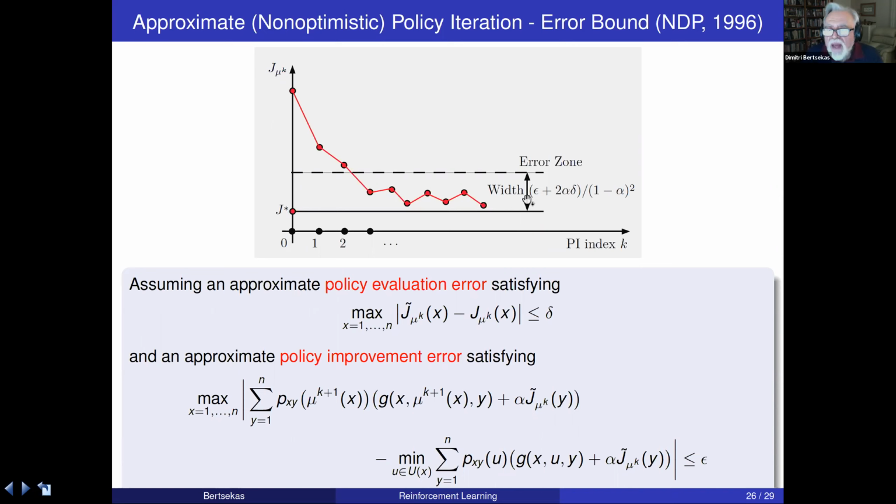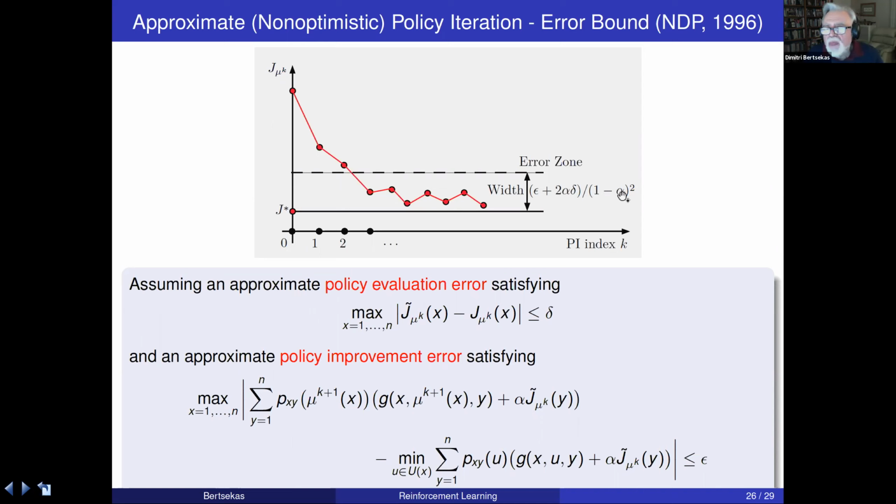And the width of that zone, uniformly for all states, is given by this expression. It is proportional to epsilon, proportional to delta, and inversely proportional to 1 minus alpha squared, okay? Alpha, remember, is the discount factor, less than 1, but sometimes pretty close to 1. So this denominator can be killing you, and can make the bound very large.